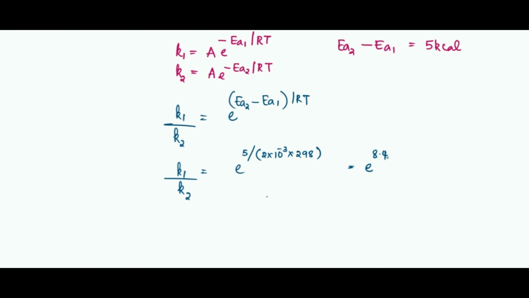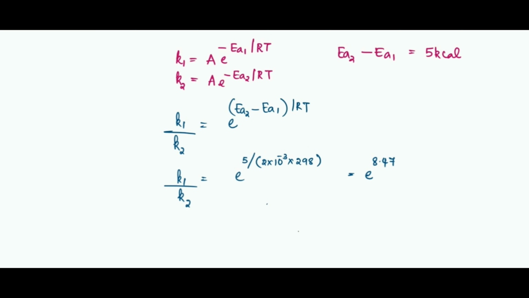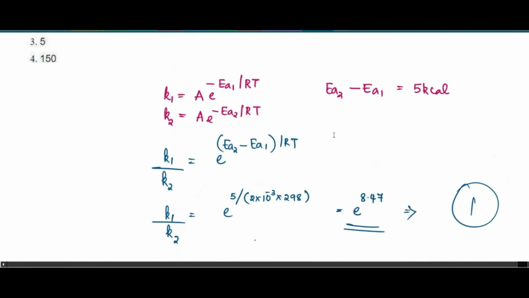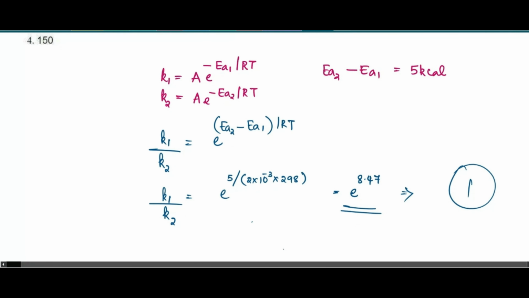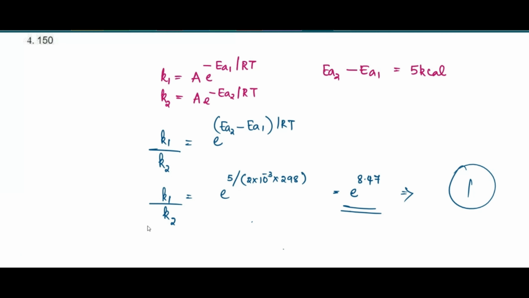E to the power 8.47, the exponential of 8.47 gives 4447. Are you getting option A? Option 1. Yes. Okay.